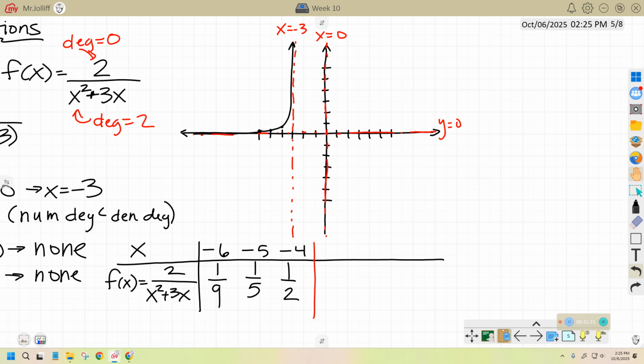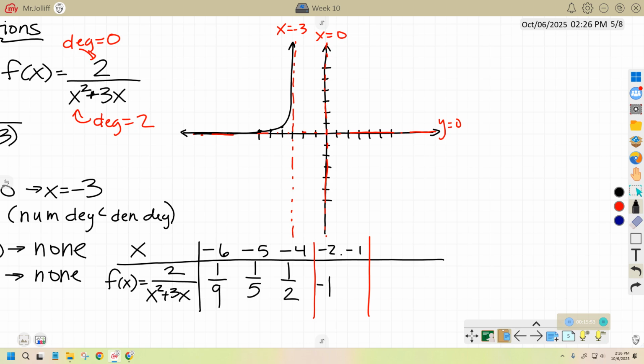Next section, there's only two nice pretty integers between -3 and 0. What are they? -1, -2. Perfect. That'll take us to our next values. We're going to do the same thing. We're going to plug those into the formula. 2 squared is 4. 2 times 3 is 6. 4 minus 6 is -2. 2 divided by -2 is -1.